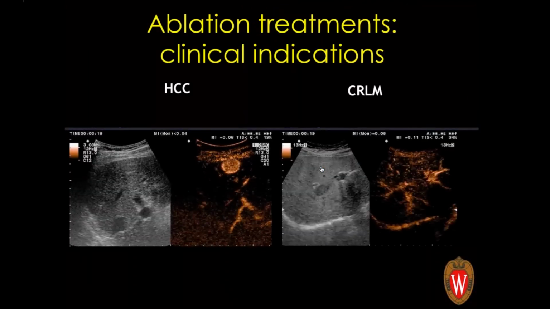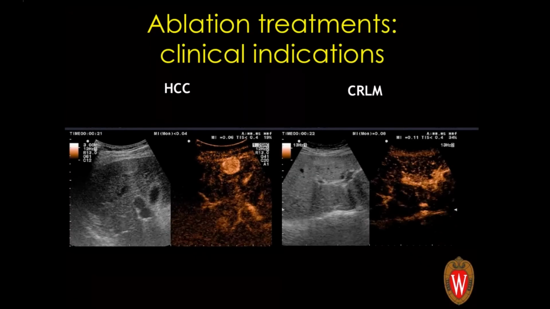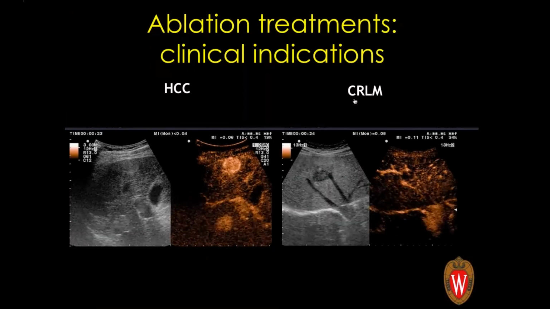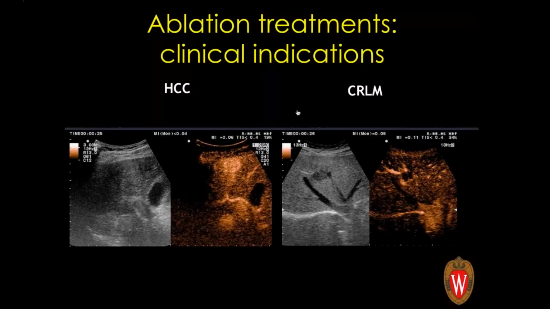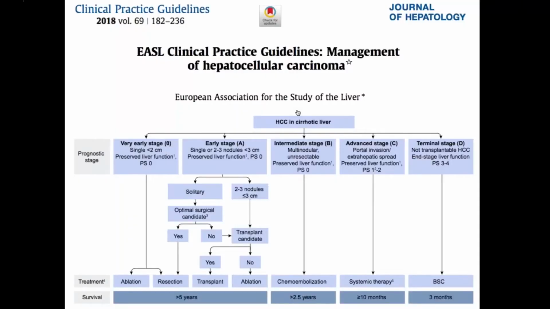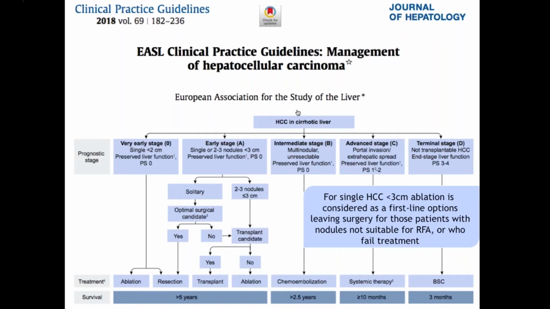The main clinical indications are hepatocellular carcinoma and colorectal liver metastasis. About hepatocellular carcinoma, the EASL practical guidelines consider radiofrequency for single HCC less than 3 centimeters as a first-line option, leaving surgery for those patients with nodules not suitable for radiofrequency or who failed treatment.